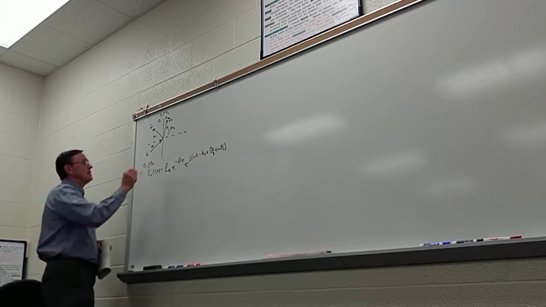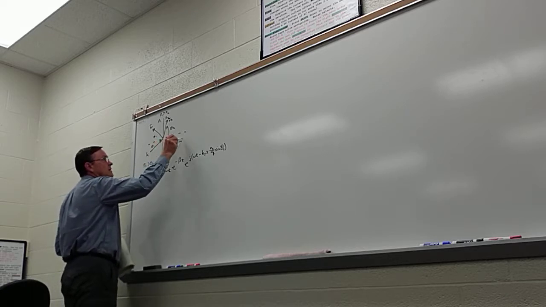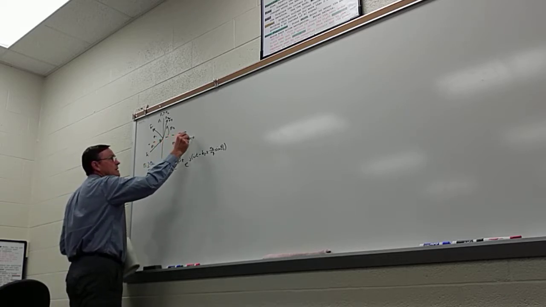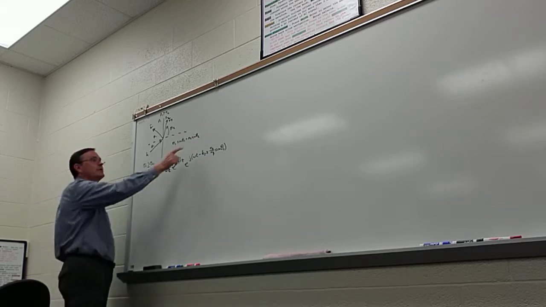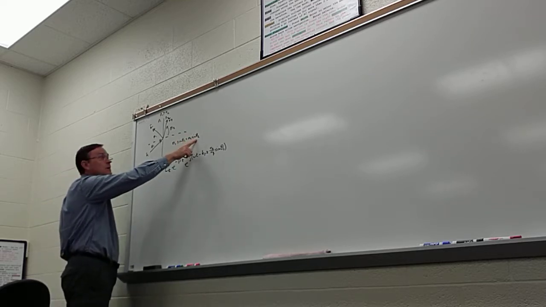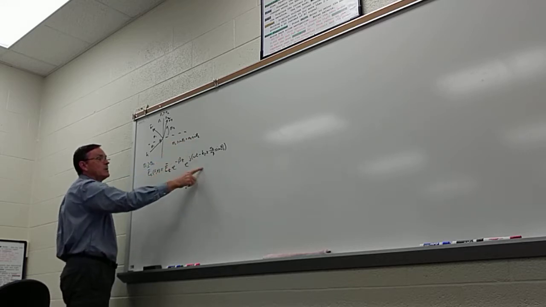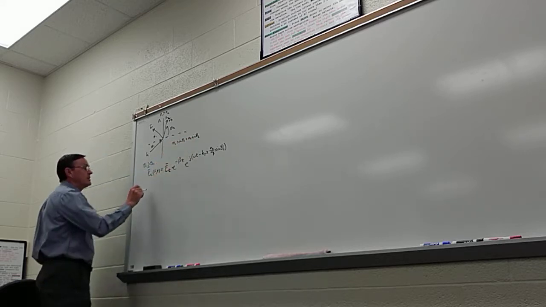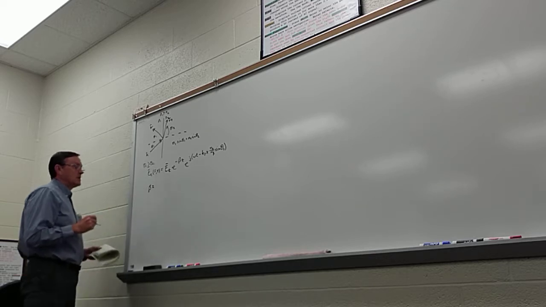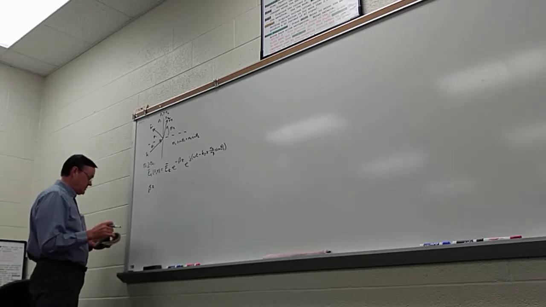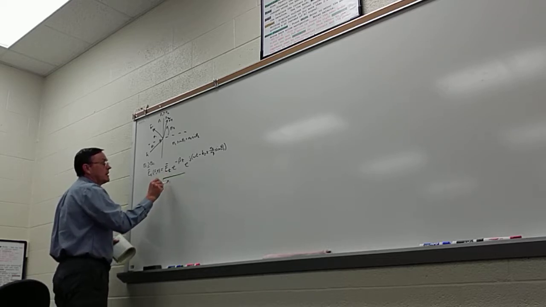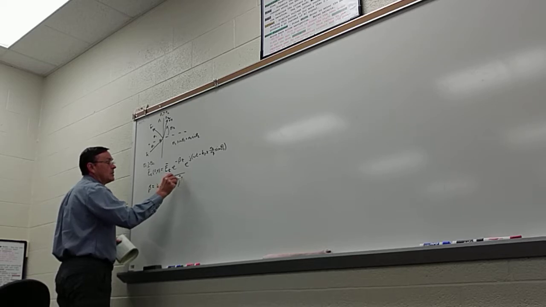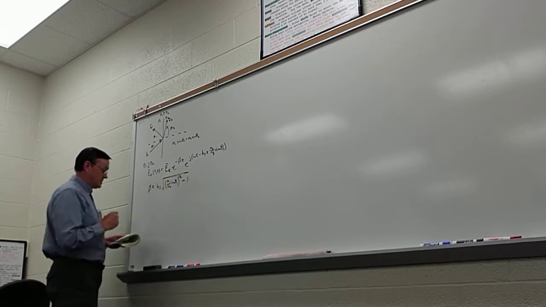And so Snell's law, n1 sine theta 1 is equal to n2 sine theta 2. We basically use it to get rid of theta 2 and write everything in terms of theta 1 here. And beta, we saw, was equal to k2 times the square root of quantity n1 over n2 sine theta 1 squared, minus 1.